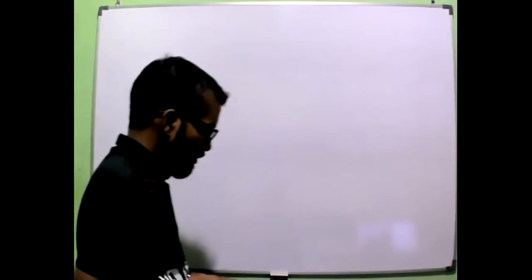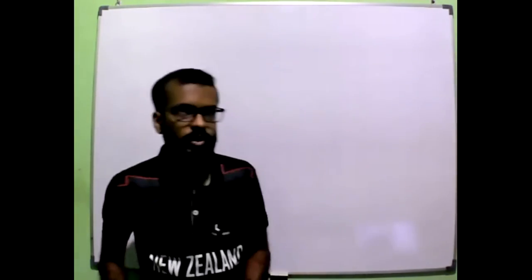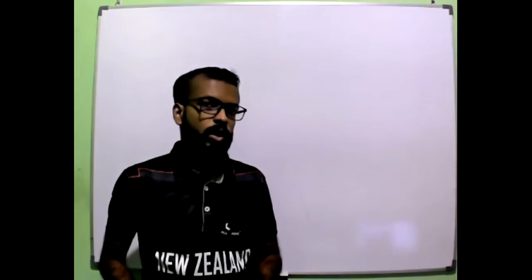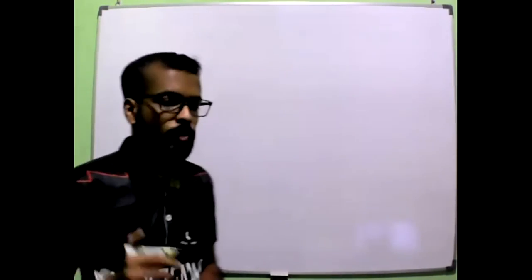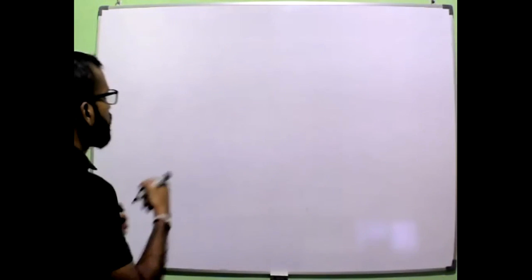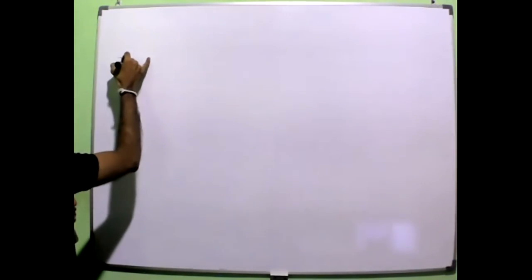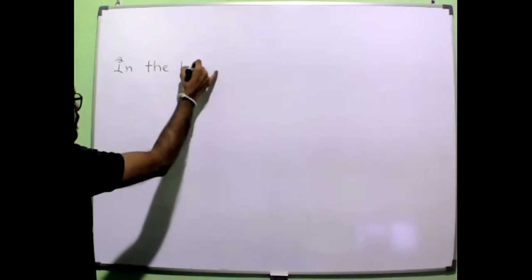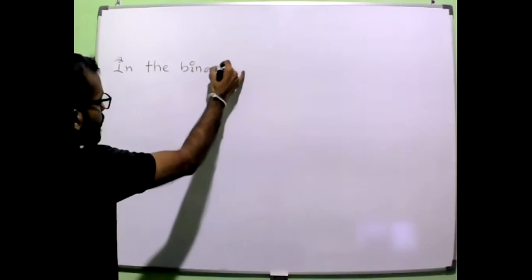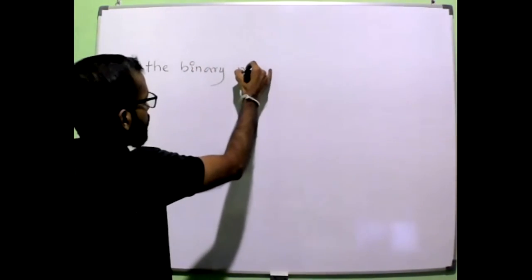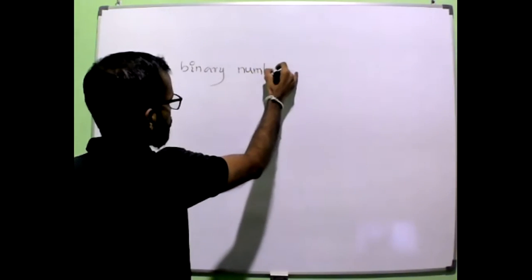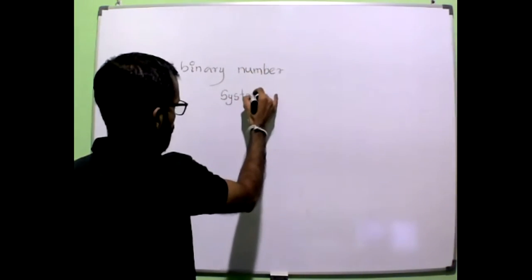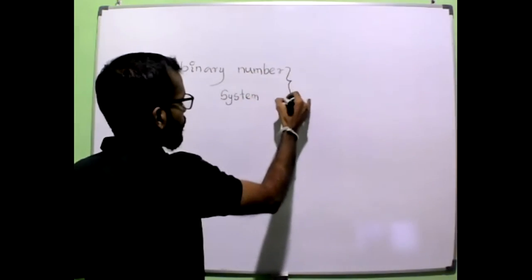So in the binary number system, right, that means when it comes to base 2, in the binary number system, you might use, I mean, I'll write, don't write yet. The binary number system, right?